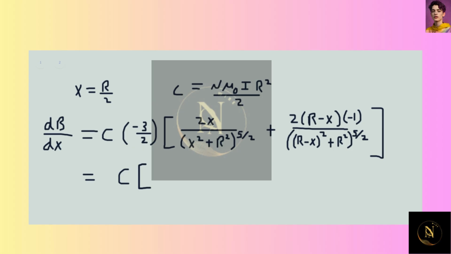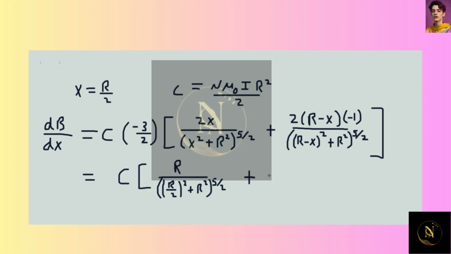So whatever must be in the bracket must be equal to 0 when we plug in r over 2. So 2 times x, which is r over 2, gives you r, divided by, you have r over 2 squared plus r squared. And this all gets raised to the 5 halves.